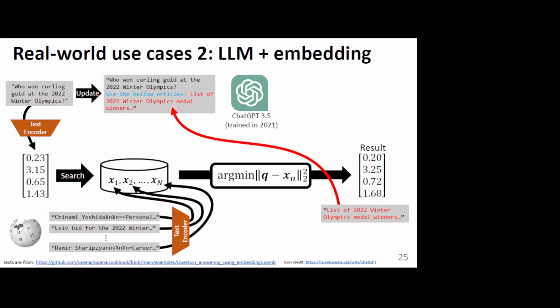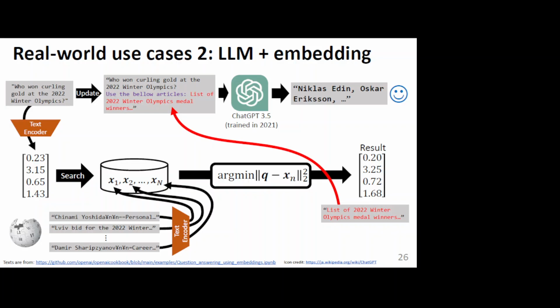So now ChatGPT has additional knowledge about 2022, so it can answer the query. Okay, so we call this basically retrieval augmentation.